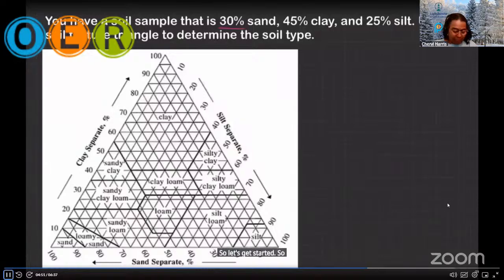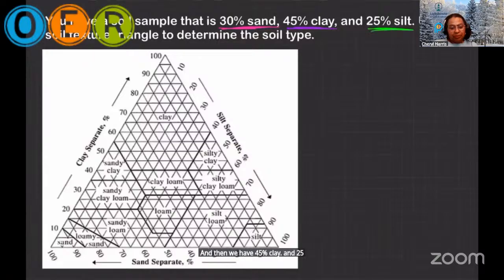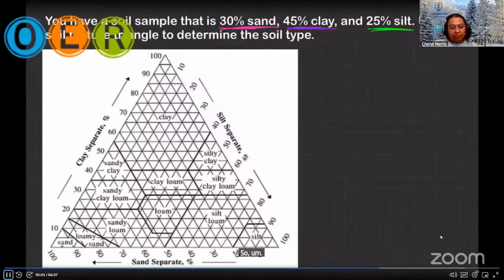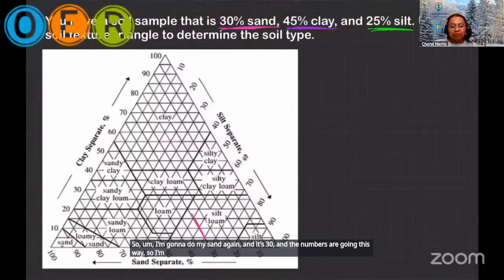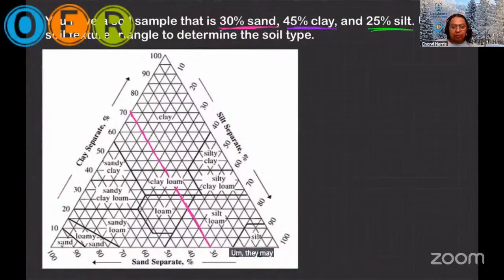So the first one is a soil sample with 30% sand, and then we have 45% clay and 25% silt. So I'm going to do my sand again, and it's 30, and the numbers are going this way, so I'm just going to go through here. And I just made these numbers up when I made these practice problems, so they may all be the same type of clay.